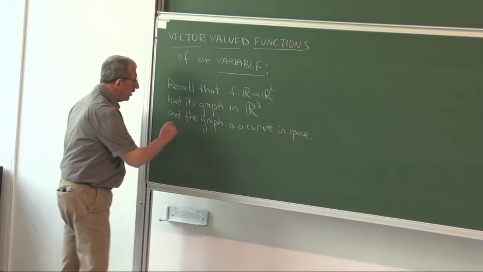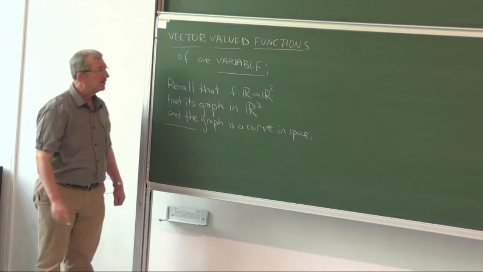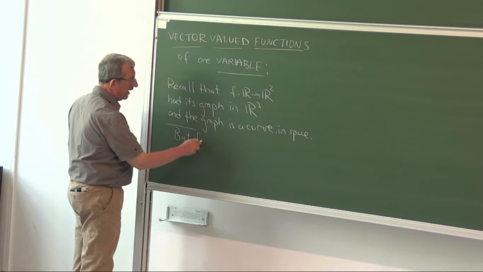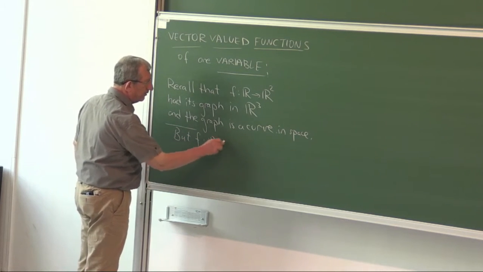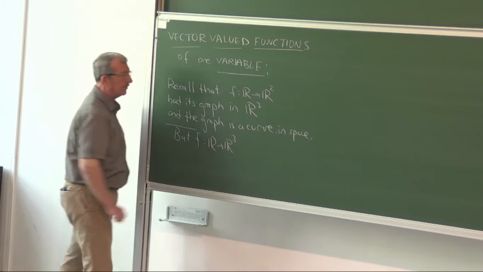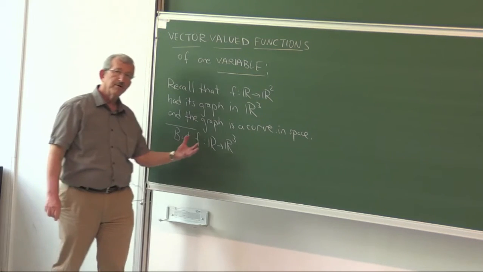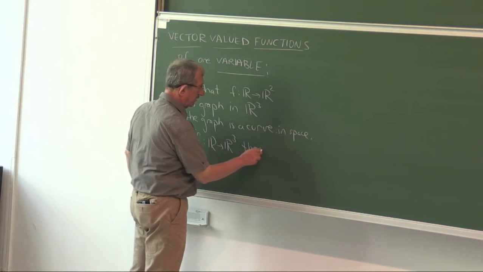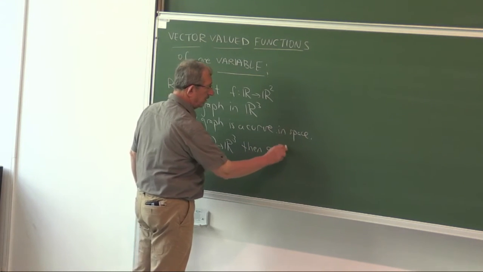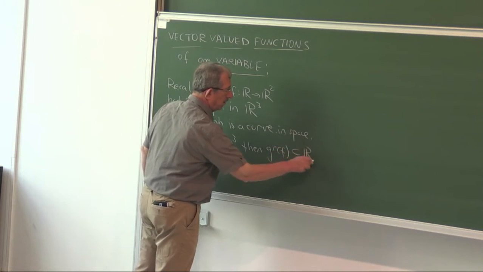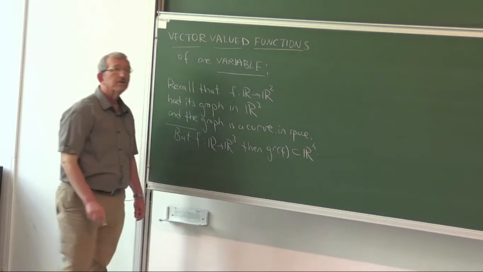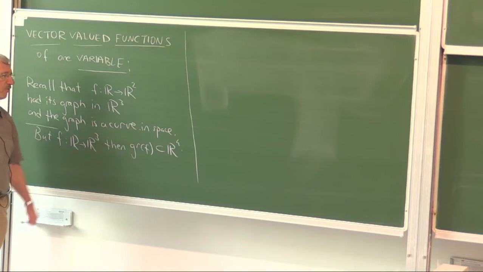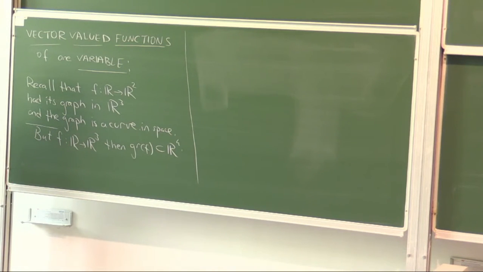Now if we generalize this a little bit, if f is from R into R3, then the graph is in R4, so we cannot visualize it.